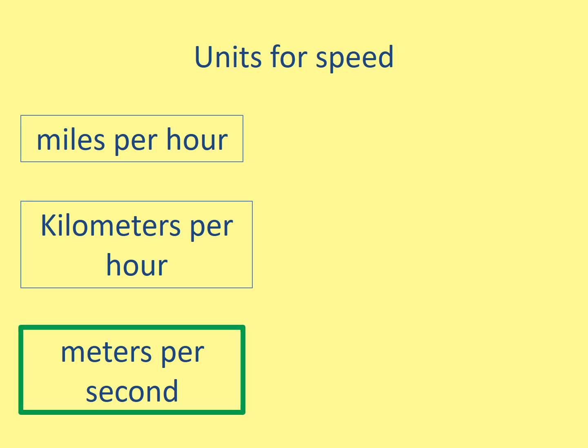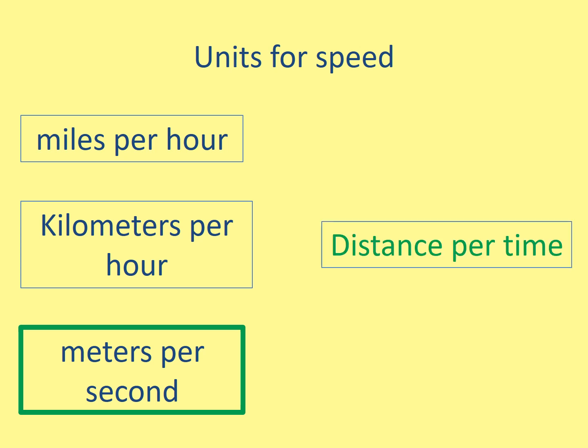In physics, we usually use metres per second, and so any time that you're asked to calculate a speed, you will be expected to find the answer in metres per second, or a number of metres every second. But it's always a distance per time, or a distance every time.